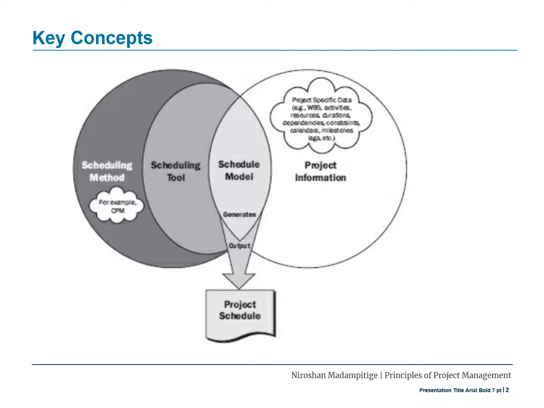The figure you see provides a scheduling overview that shows how the scheduling method, scheduling tool, and outputs from the project schedule management processes interact to create a schedule model.